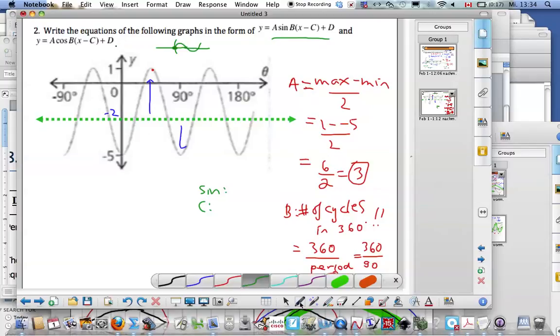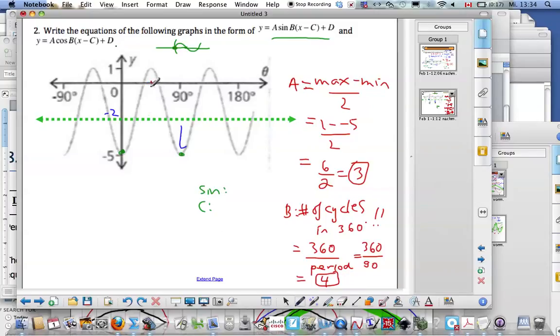I know this is at 0, this is at 90, so just by symmetry this right here is 45. The midpoint is always halfway, so it should be on the principal axis. Halfway between 45 and 0 is 22.5. So what we can say is that it's been shifted 22.5 if we're using the sine function.